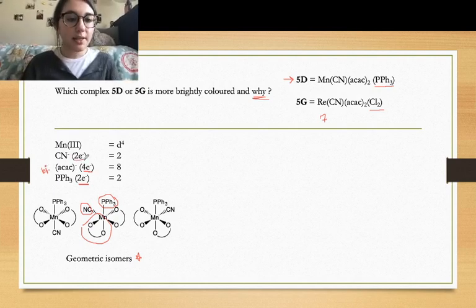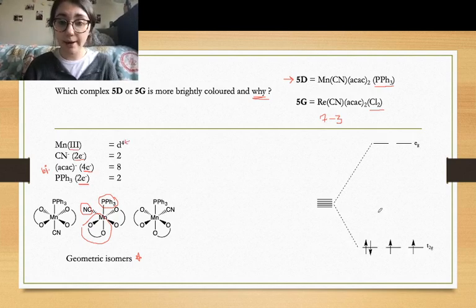So it has 4 electrons, but it donates a minus charge twice, and the CN is -1, so I get 3 plus on that manganese. So therefore it goes from D7, and the phosphorus is neutral, so the 3 plus comes from 7 minus 3, giving us a total of 4 electrons to work with. So now I have 4 total electrons to play around with in my energy splitting diagram.